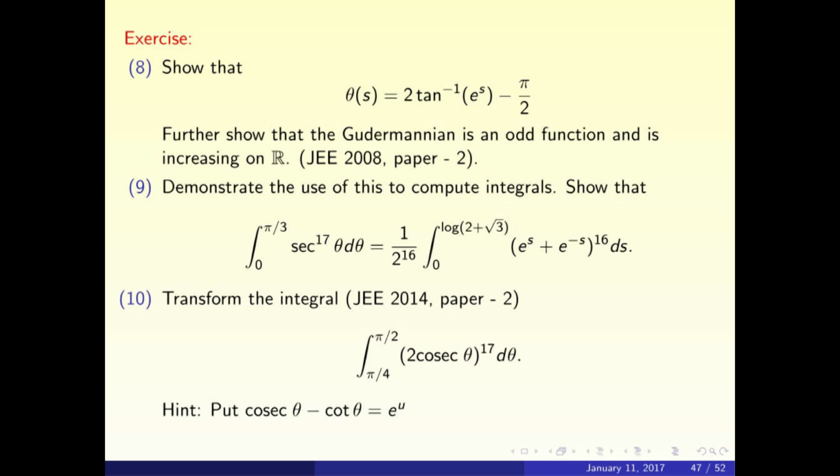The next problem is very interesting because a similar one appeared in JEE 2014. The problem that appeared in JEE 2014 is to integrate cosecant theta to the power 17. Now, when you take an odd power of a secant or an odd power of a cosecant, you know that if you start integrating by parts, you will have to do it over and over again many times, and it's not going to be fun.